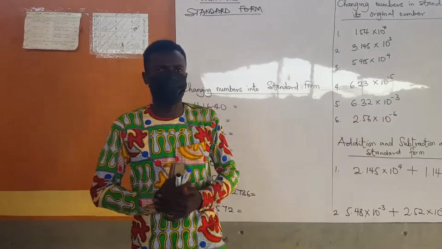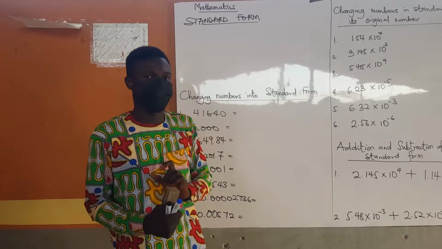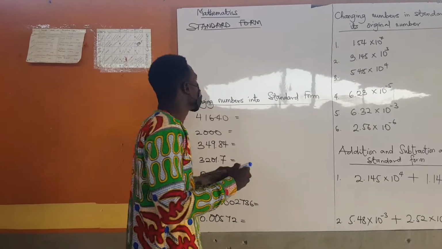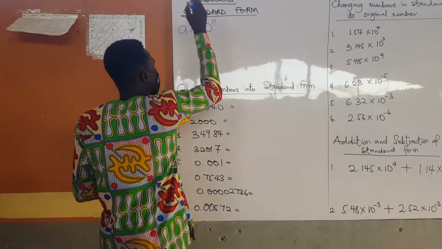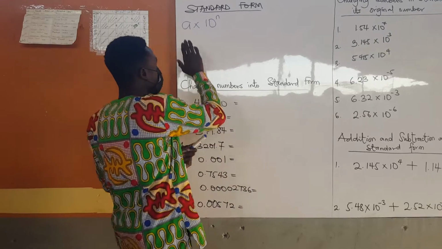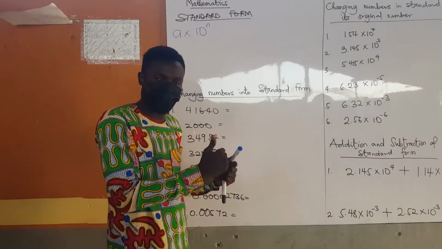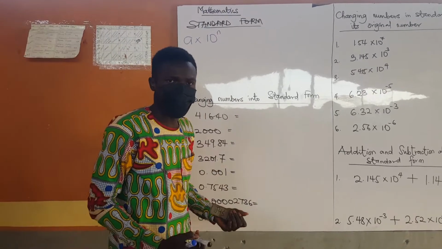What makes a number to be in standard form? A standard number is given as a times 10 raised to the power n. One will ask, what is a and what is n?